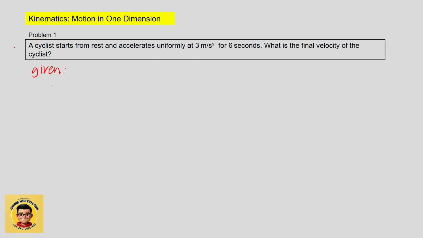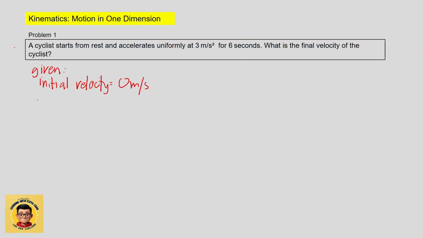Our given is the initial velocity. Our initial velocity is equal to 0 meter per second since the cyclist starts from rest.